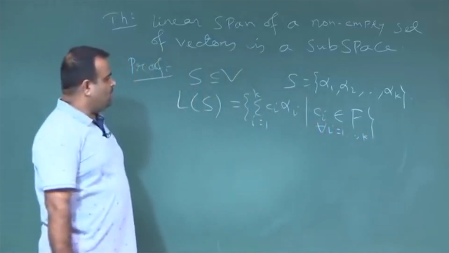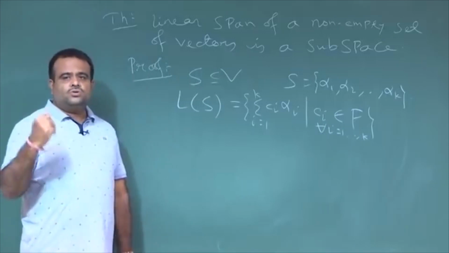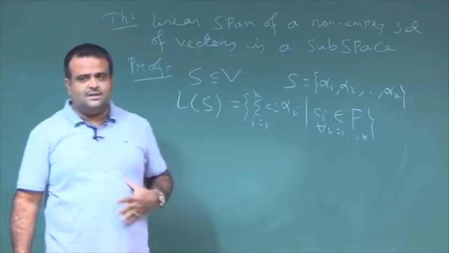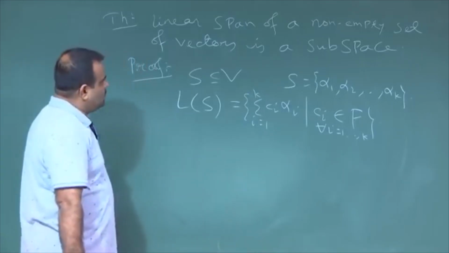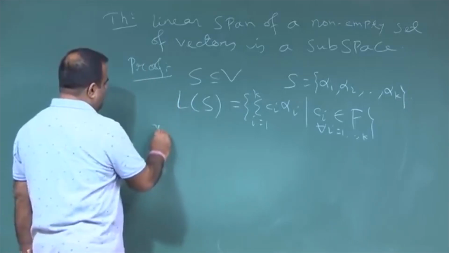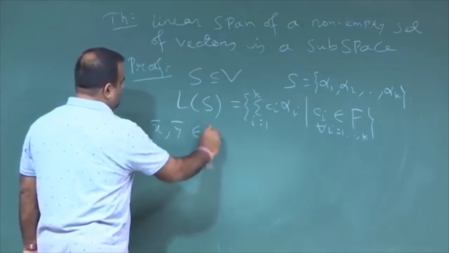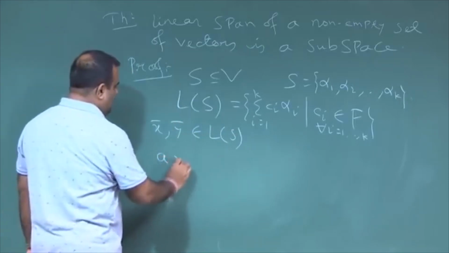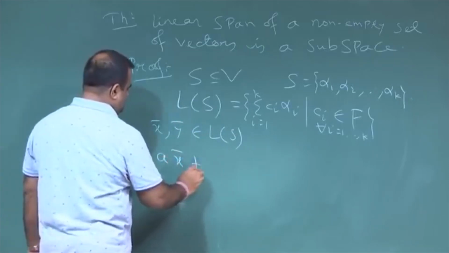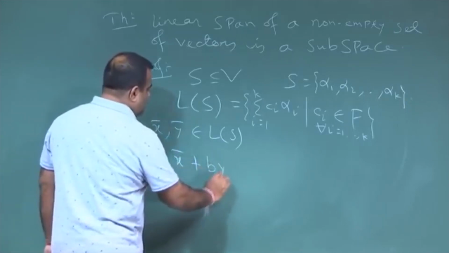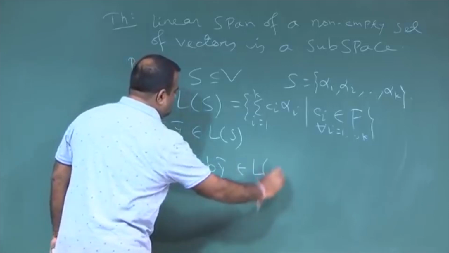So, to show this is a vector space, we have a necessary and sufficient condition. So, for that what do we need to show? We need to take two elements from here, x and y belonging to L S, and we have to show A x bar plus B y bar also belongs to this.